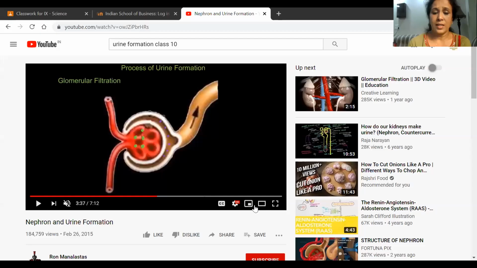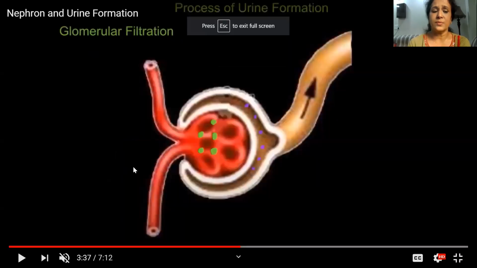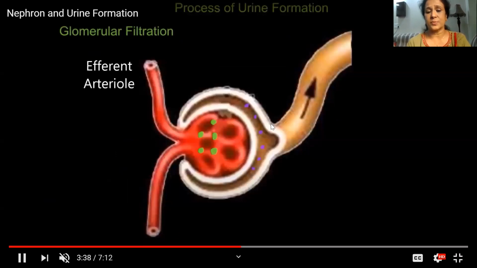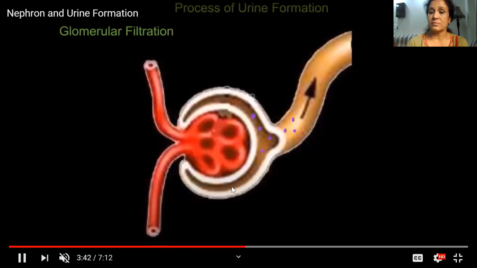Let me show you an animation of this process. See, this is the first part. Just now I have informed you. This is Bowman's capsule. This is glomerulus. So here blood is going to be filtered.